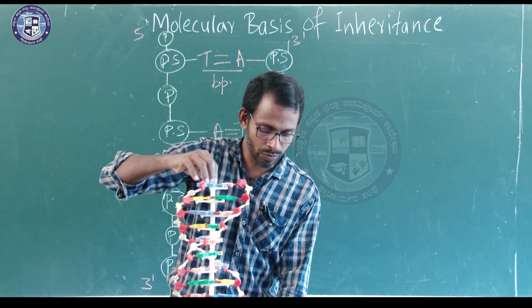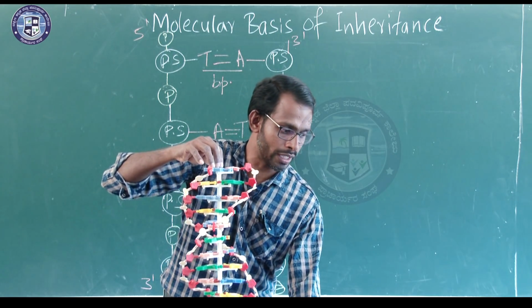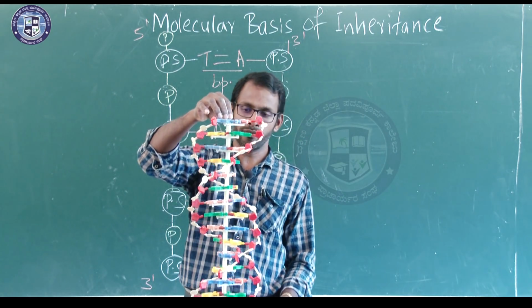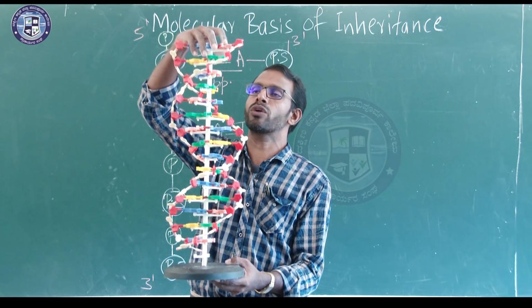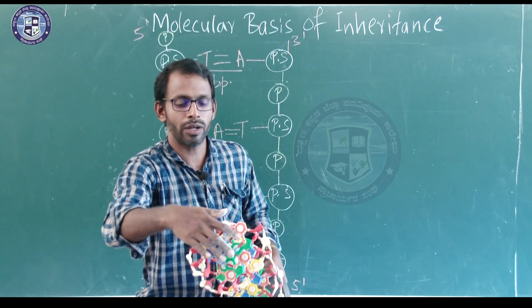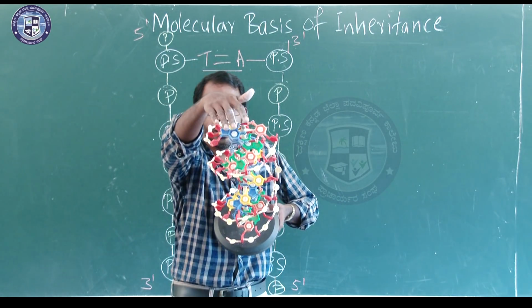And when it comes to the right handed coiling, they explain from one base pair to the next base pair. So, here you can find one particular base pair.